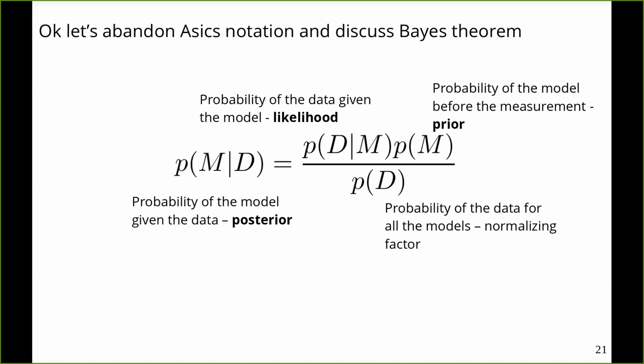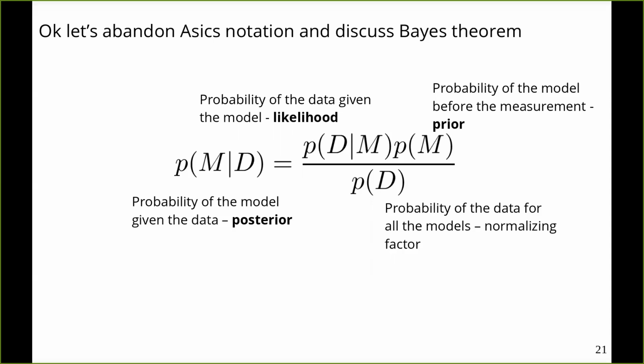So, what this theorem tells us, and I'm going to write this in this specific form here, and now I'm abandoning the ASICS notation, and I'm using something that we actually want to do. So, I'm using the data and the model. So, what it tells us is the following: the probability of our model, and in this case, model can mean multiple things. But in this case, our model can be our hypothesis, or it can be specific values of the model parameters, or can really be one model versus the other model, and so on and so on.